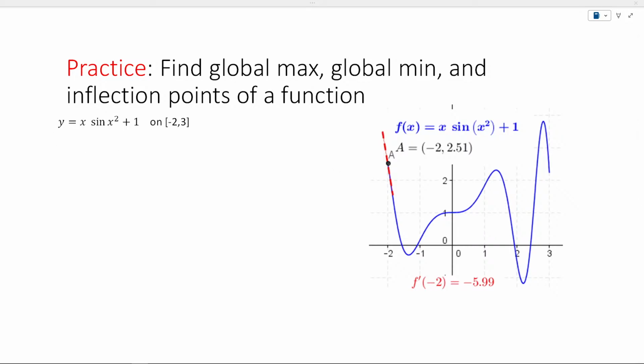Okay, so this is an example here, and let's see how to do this. So I'm telling you, find the global. You can see the function here already, but let's assume you don't see this function. We don't know how it looks.